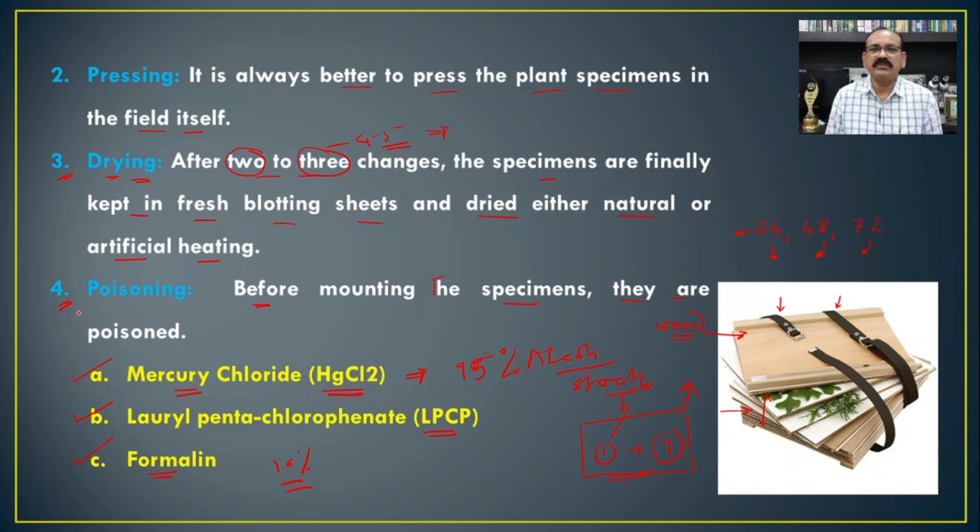If we want to collect plants in bulk, at that time we have to press them in particular herbarium sheets, or particular blotting papers or newspaper, and the complete bunch is immersed in 10% formalin, and then it remains as it is for several days, so that all the plants are disinfected at the same time.